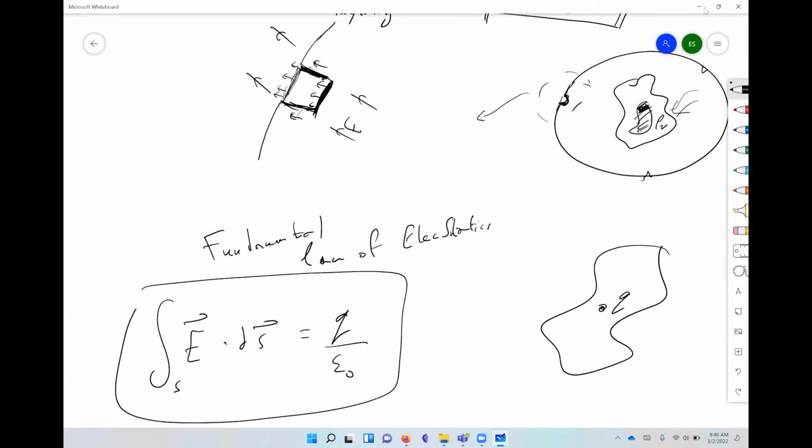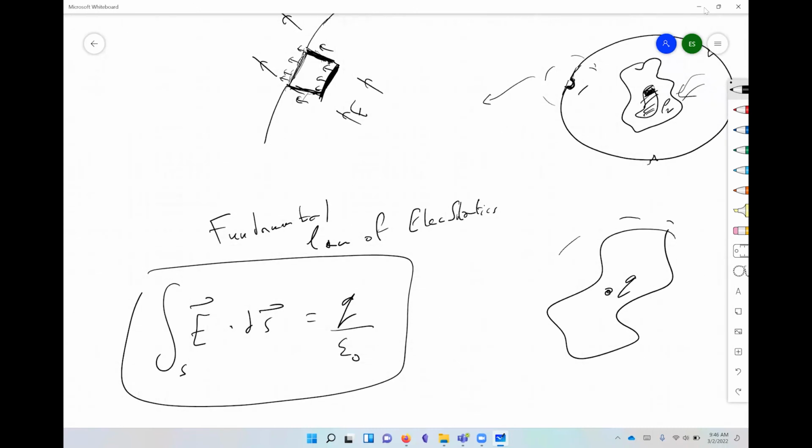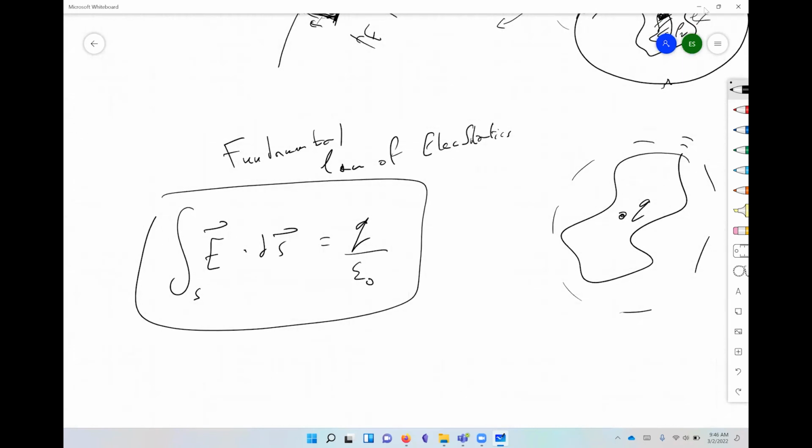How can I spit out Coulomb's law from this? Easy. I assume the surface to be a sphere. If I assume the surface to be a sphere, from symmetry, because the sphere is symmetrical, the E field should be equal at every point on the sphere, right? So I can take it out.